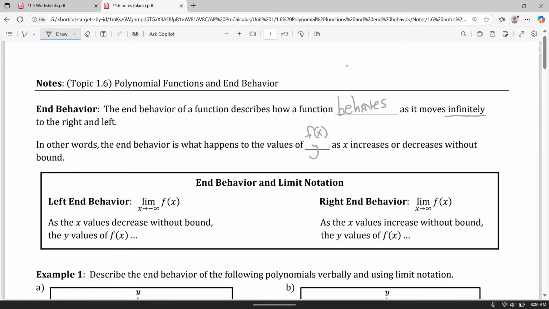So I can't do it. I've tried. Without bound. So that means infinity. Without bound is infinity. So x is decreasing without bound, we're going to infinity. X is increasing without bound, we're going to infinity. And hopefully you guys did something to that effect. As x goes to infinity. My guess is that's what you guys did.